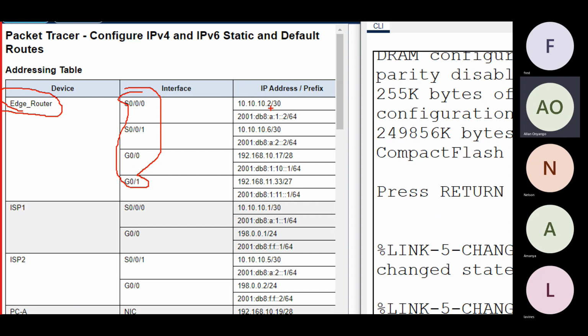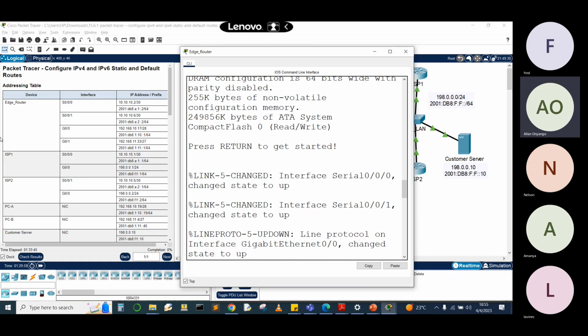It is easier to find it within the routing table than to come here, because when you come here, this is 10.10.10.2, 10.10.10.6. They're only these two. So you might be wondering on the edge router, do I take interface S0/0/0, or do I take S0/0/1? So like I said, use the routing table.